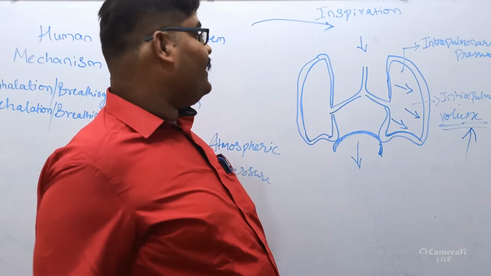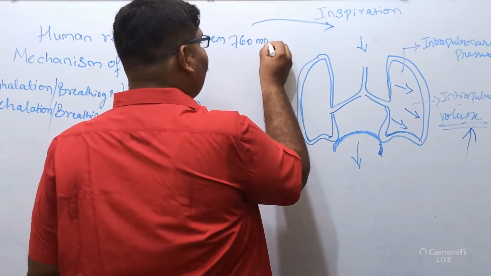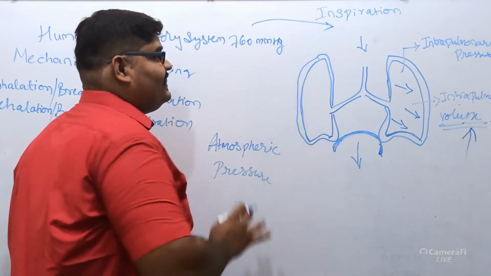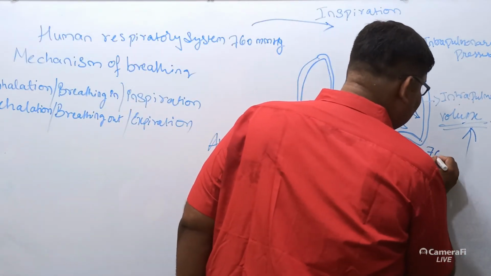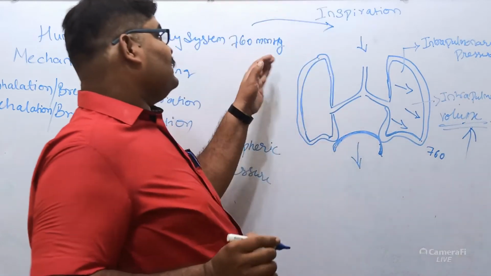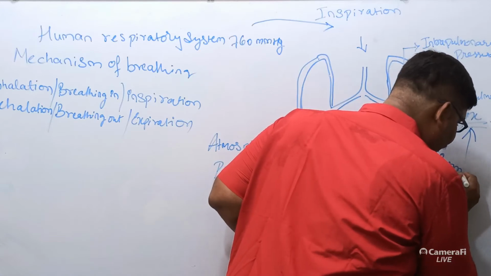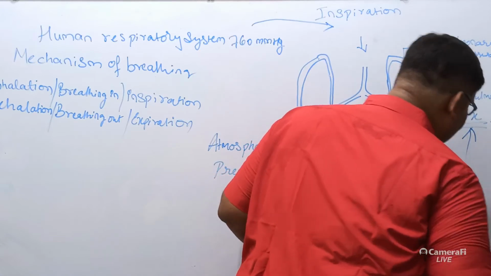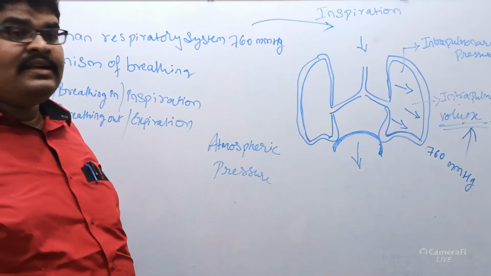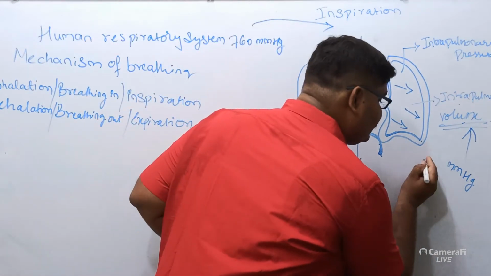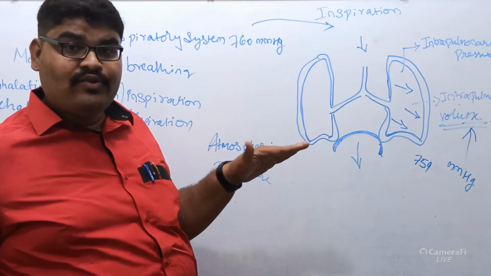To be more accurate, about 760 mmHg pressure will be there in the atmosphere. If both in the lungs as well as the atmosphere the pressure is 760 mmHg, nothing moves. But when this thing is happening, the lung pressure becomes 759, so 1 mmHg is reduced pressure.